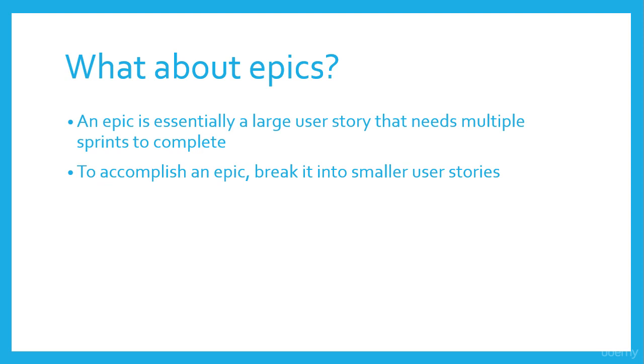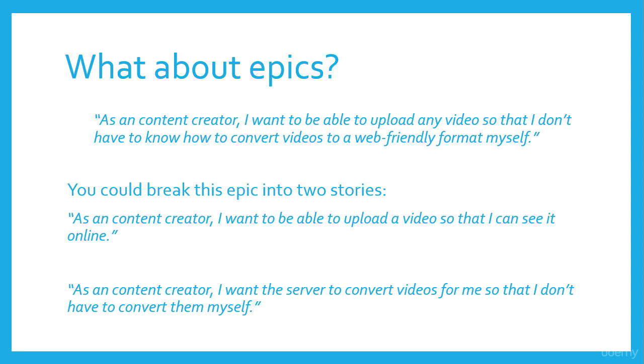So in order to accomplish an epic, you're going to break it up into smaller user stories. For example, we have, as a content creator, I want to be able to upload any video so that I don't have to know how to convert videos to a web-friendly format myself. That can be the epic. Now, you could break this up into multiple stories that you may be able to accomplish in a week.